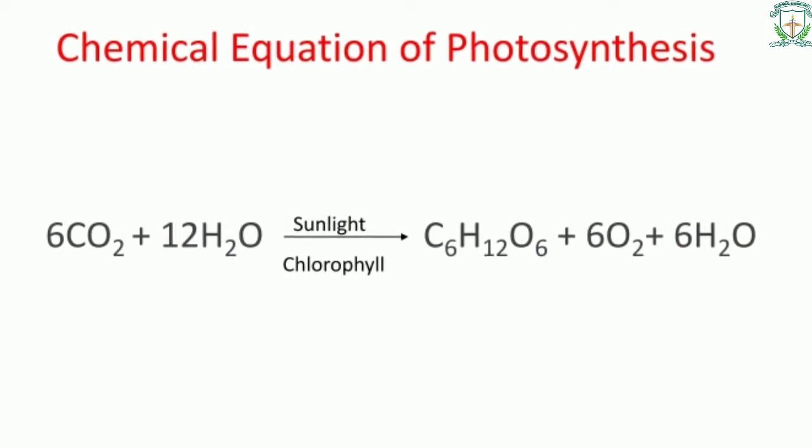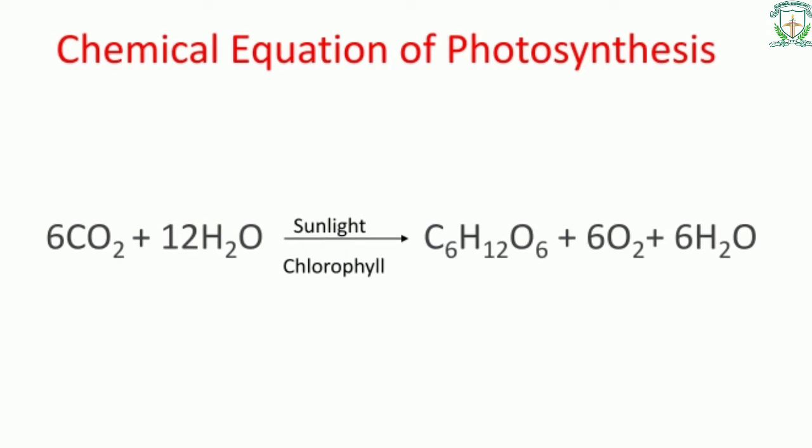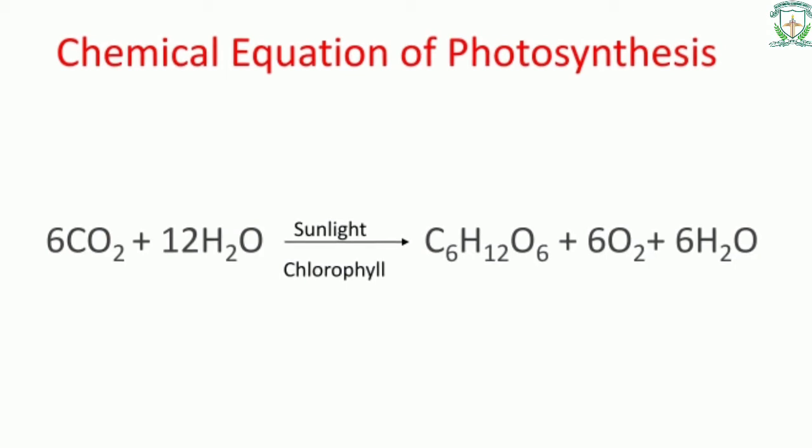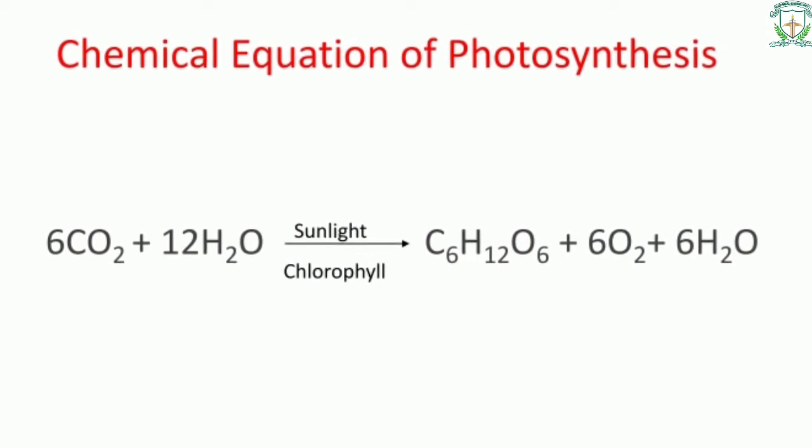Children, observe here: 6 molecules of carbon dioxide and 12 molecules of water are required to synthesize 1 molecule of glucose. You can also observe there are 2 byproducts, that is oxygen and water.